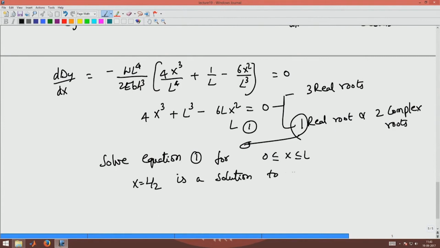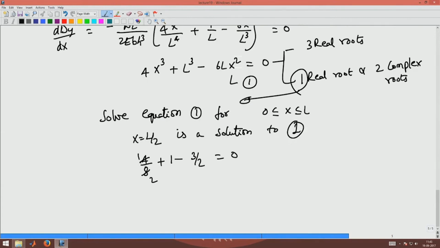Let us substitute and find out. x equal to L by 2, it will be 4 by 8 plus 1 minus 3 by 2. This is 1 by 2 and this is 0. Hence, x equal to L by 2 is a solution to 1.